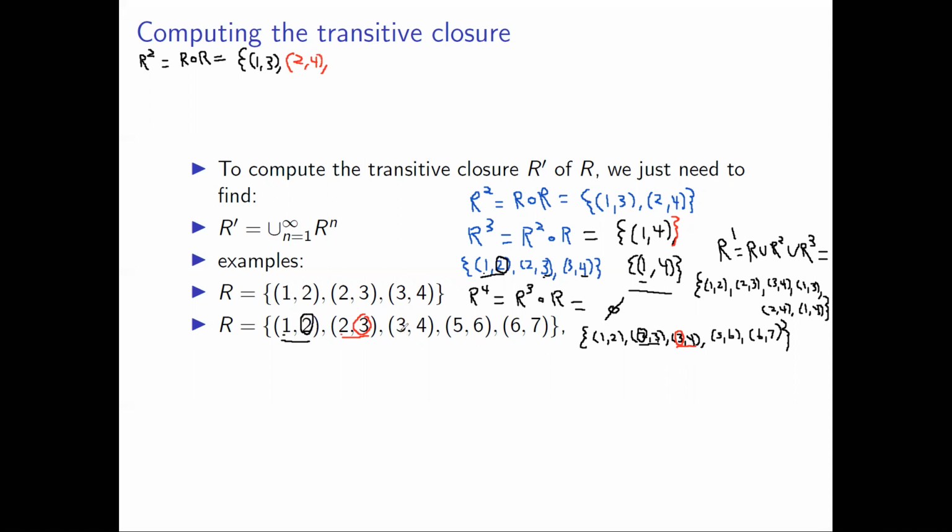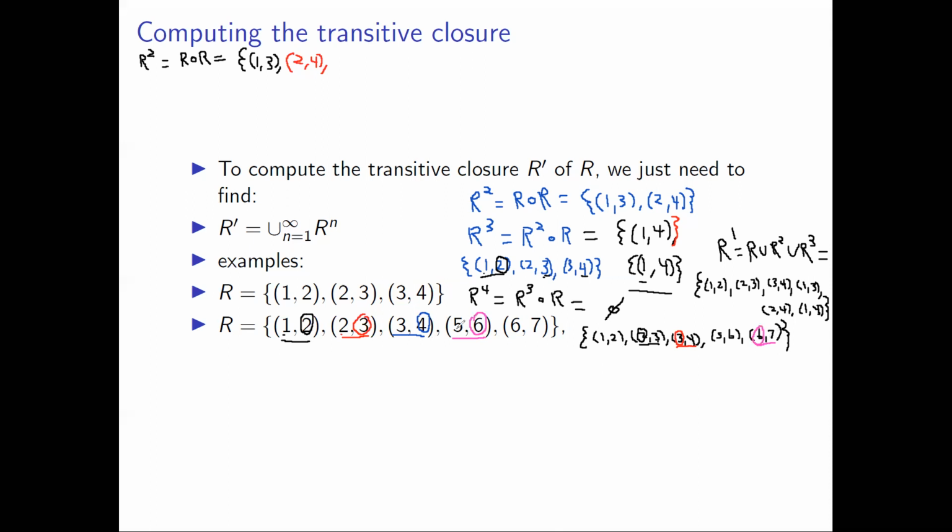Then I have a 3, 4 here. Second term in there is a 4. So I need something that starts with a 4 over here, but there's nothing that starts with a 4. So I can't use that to make anything. Here I have a 5, 6. Second term's a 6. I need something that starts with a 6. I have that right here.